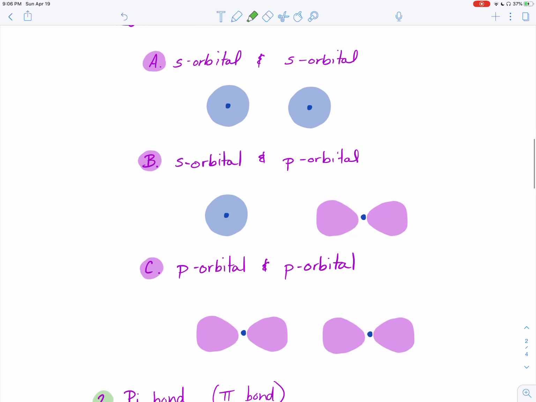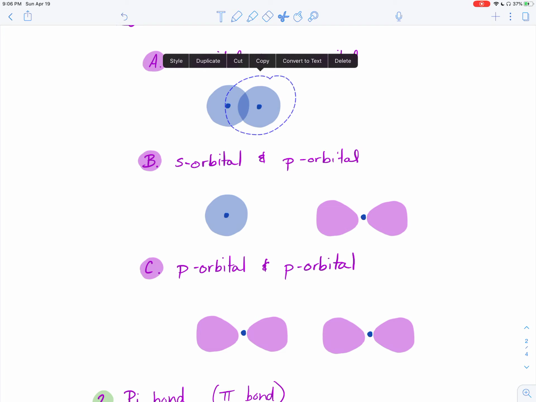It can occur where you have an s orbital and an s orbital, so one s orbital from one atom, one s orbital from another atom, and these two will overlap with one another. The overlap space is where you have this attraction that helps create that covalent bond between the two atoms.